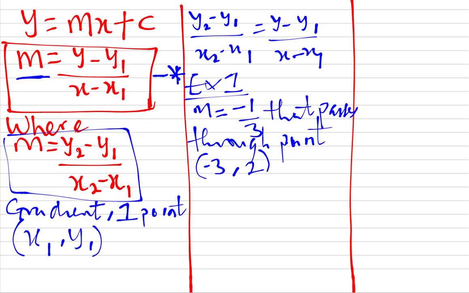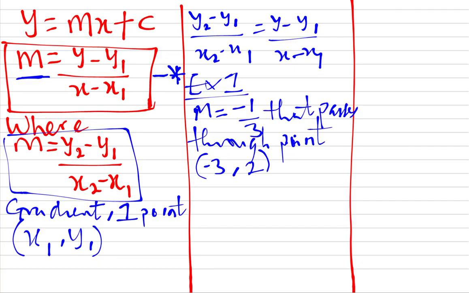So you are given the gradient as minus 1 over 3, and they say it passes through the point minus 3 and 2. You should form the equation of a straight line.